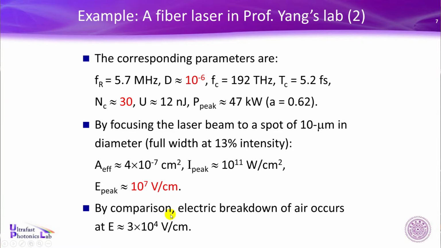So with a very simple laser oscillator and very simple focusing, you can easily achieve a very strong electric field, well beyond the breakdown electric field. Okay. Any question? No?